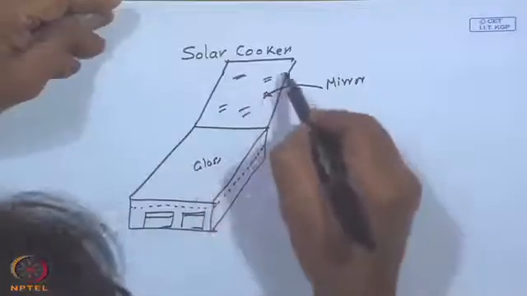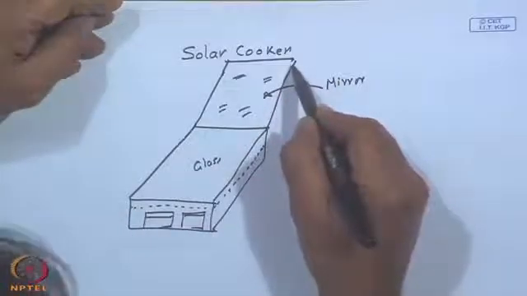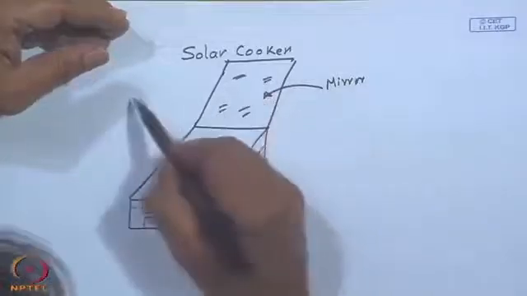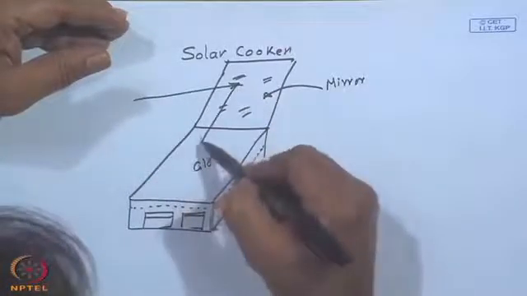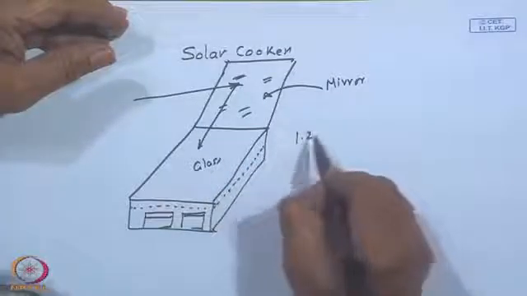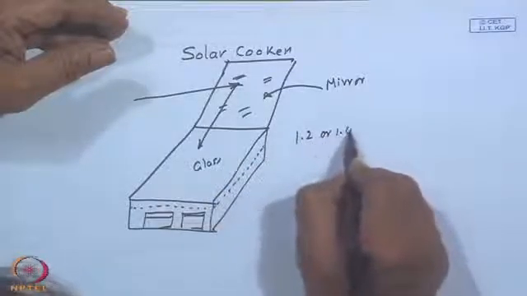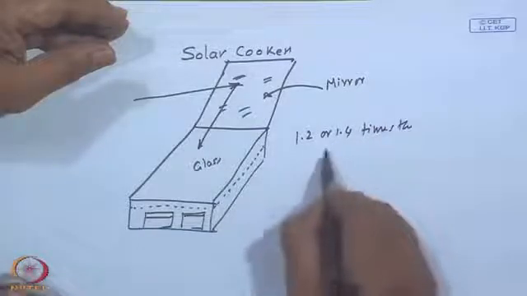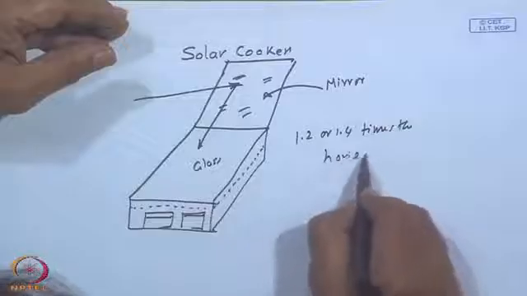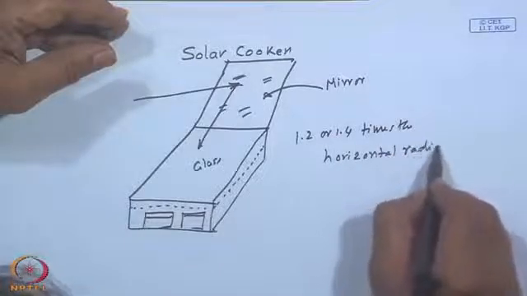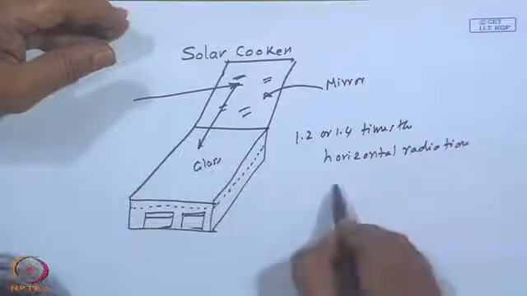Now, the angle of this roof or the lid is such that the reflected radiation from the sun will fall onto this. So, that there may be a factor of 1.2 or 1.4 times horizontal radiation, because of the booster.